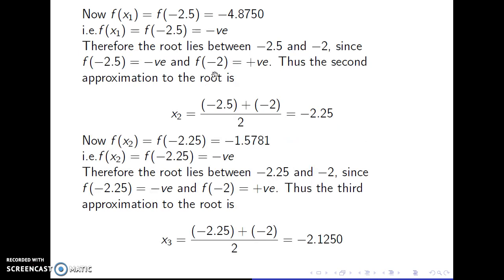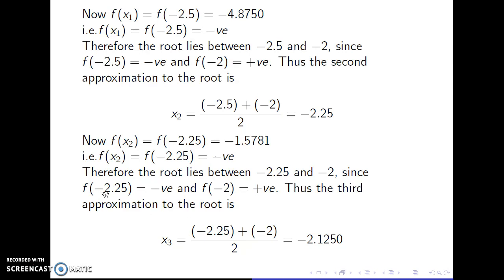We will continue. f of -2.5 is negative, therefore the root lies between -2.5 and -2. Since f of -2.5 is negative and f of -2 is positive, in these opposite signs we have our next approximation, that is x2. So x2 equal to (-2.5 + -2)/2, and the same process will continue for x3.